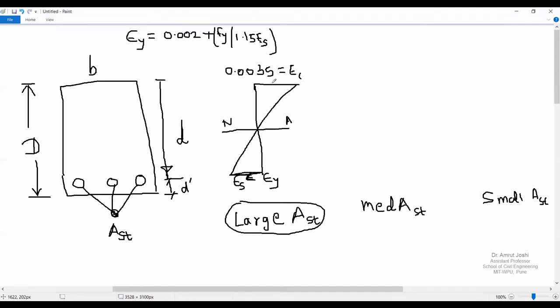Now let us look at another case where we are going to provide a medium area of steel. That means the area of steel will be less than the area of steel for case number 1.